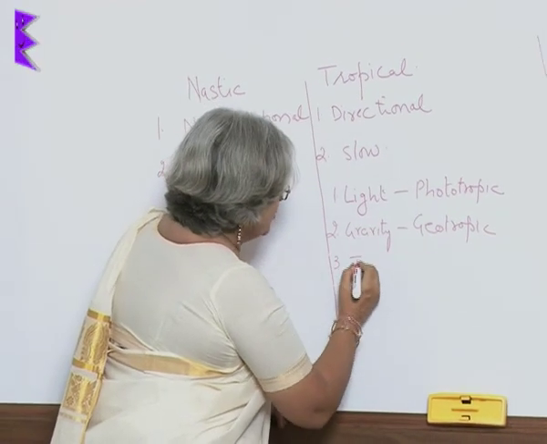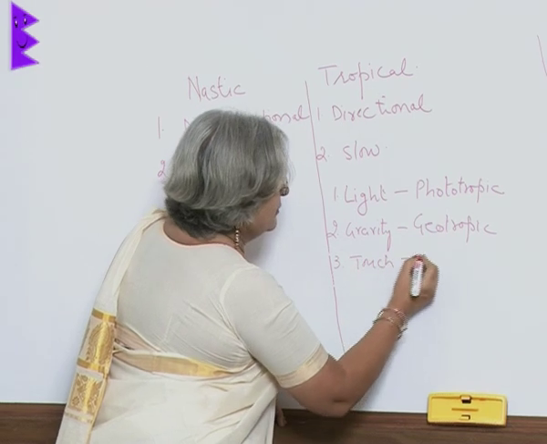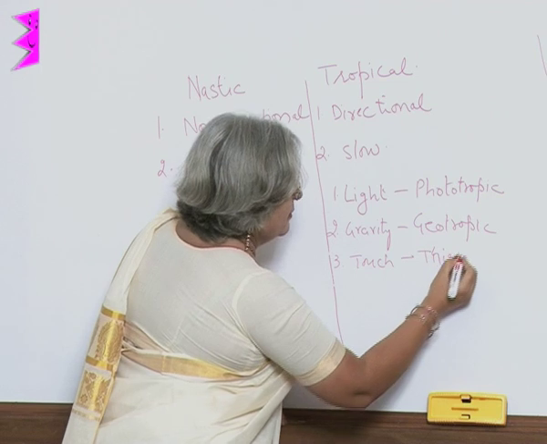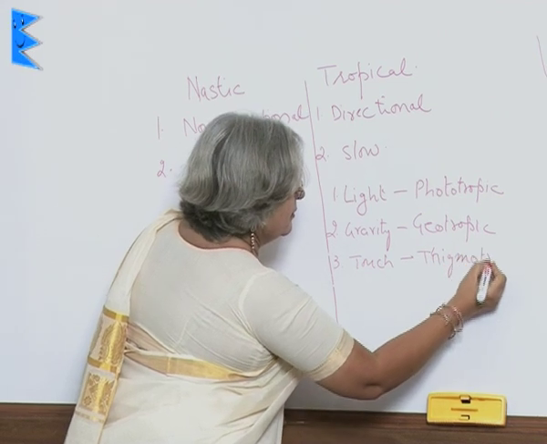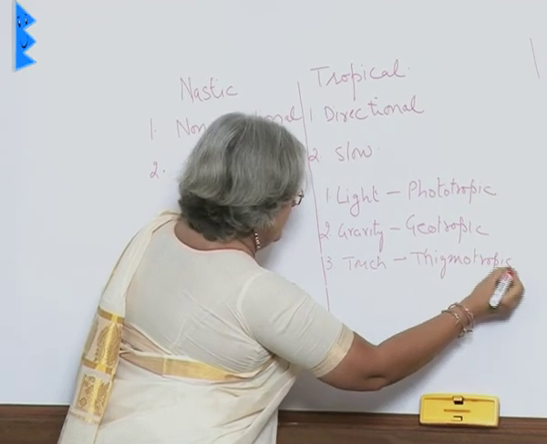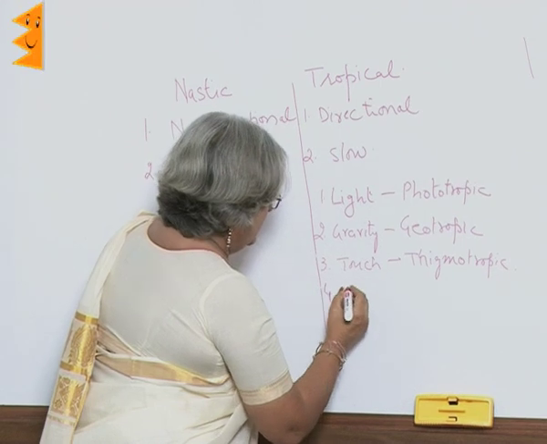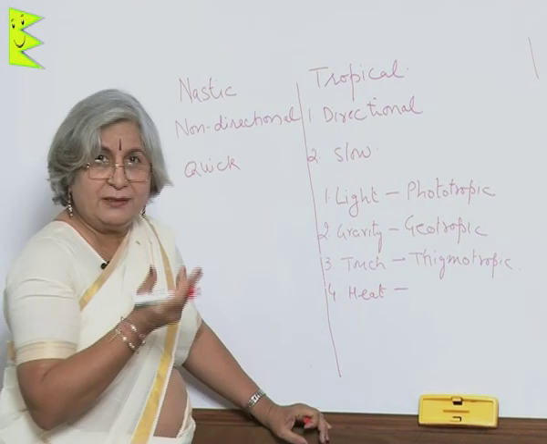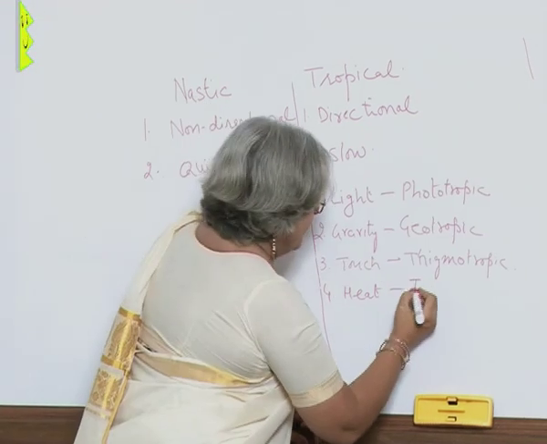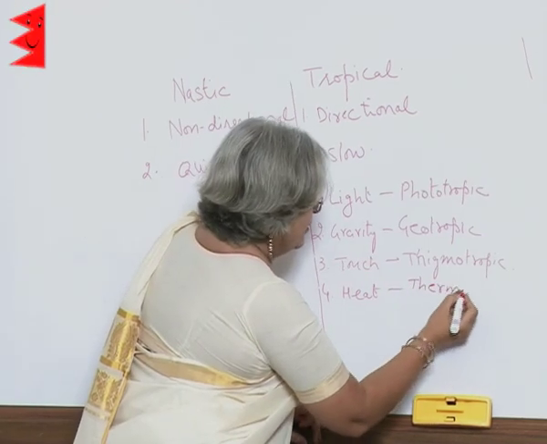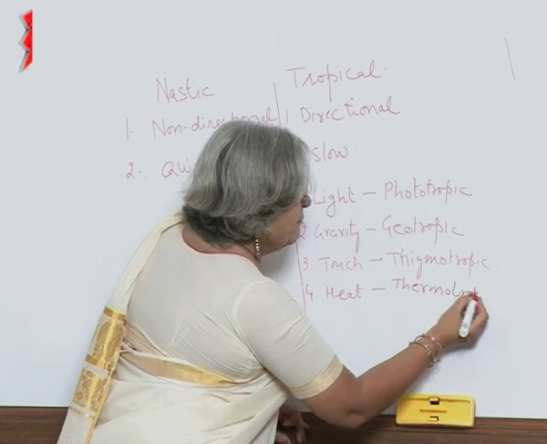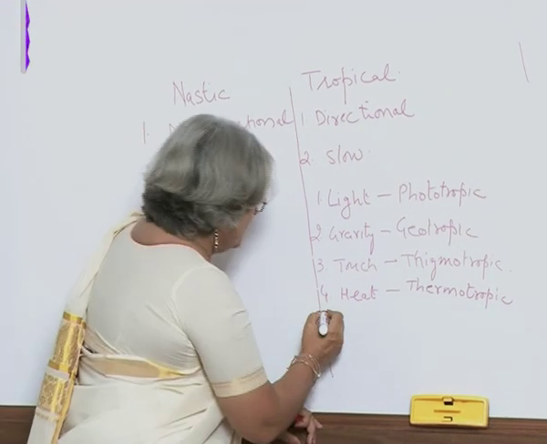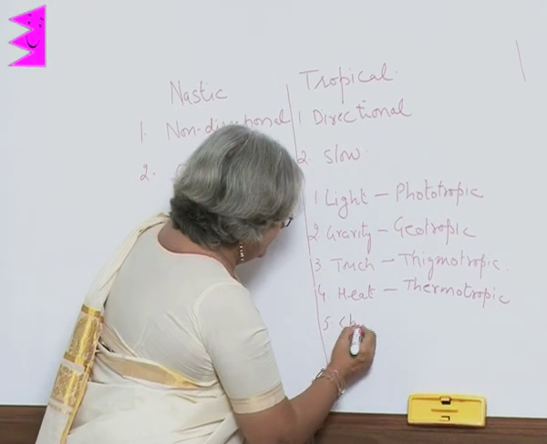Then touch, thigmotropic. Then heat, which will be thermotropic. And the movement which is caused by chemicals is called chemotropic.